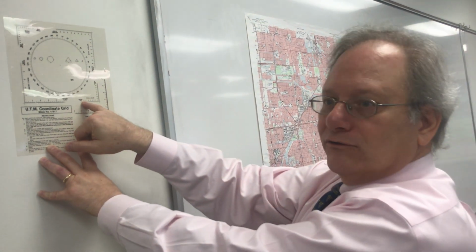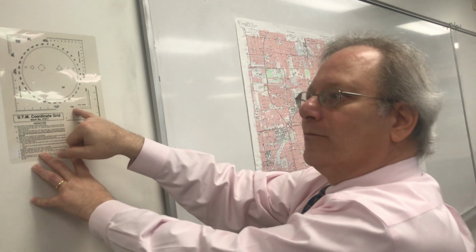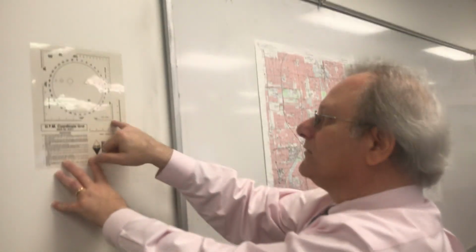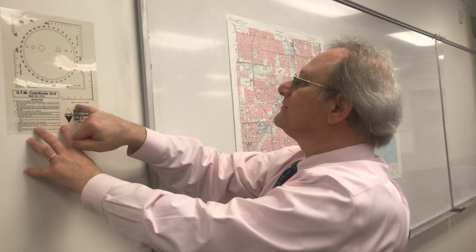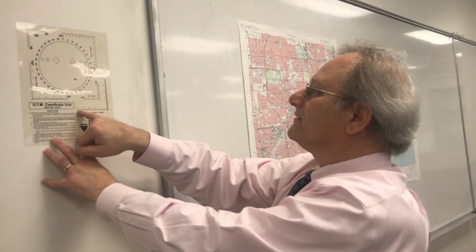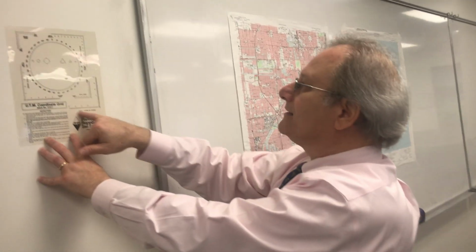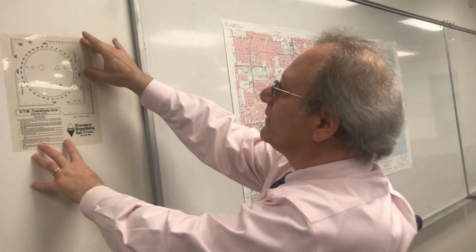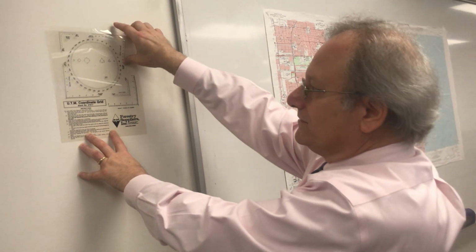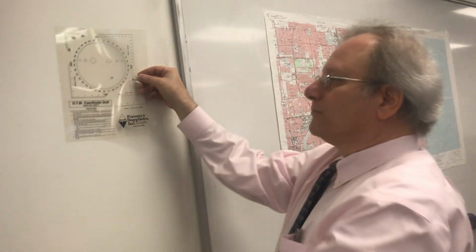This is the one you would use for the typical topo maps that we use in field science. They also have one that's, I think, a 10-minute map maybe. That's only for Alaska. And they have some other scales for other maps that the USGS either produces or used to produce.